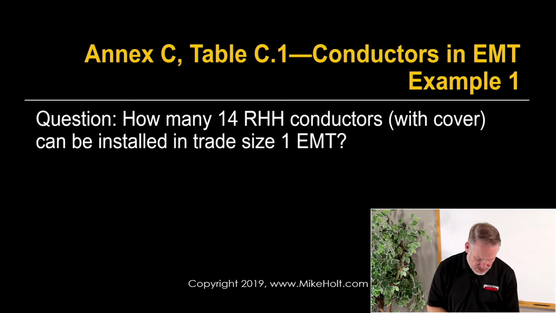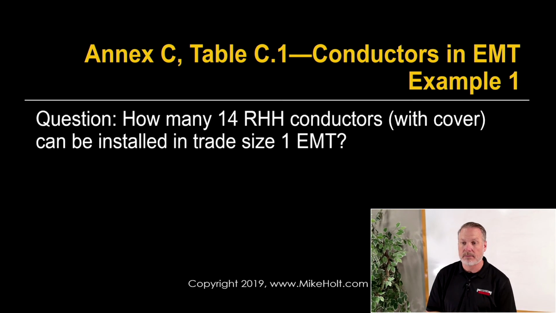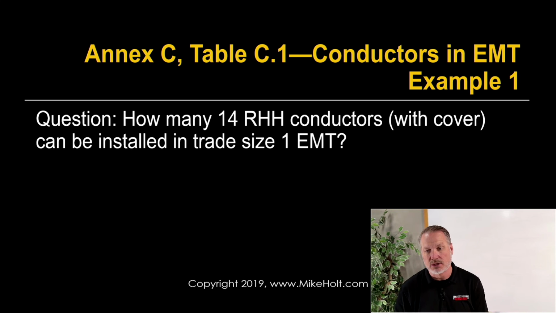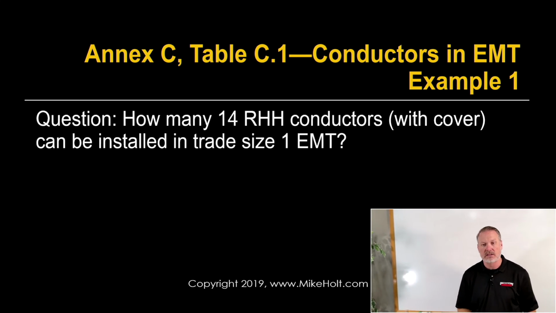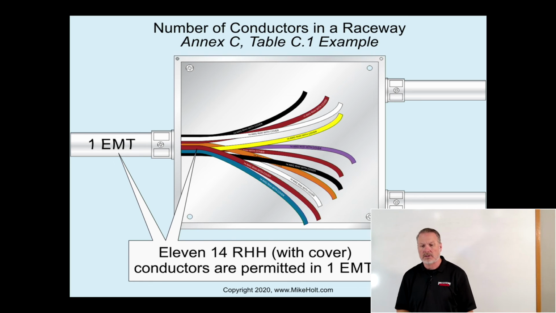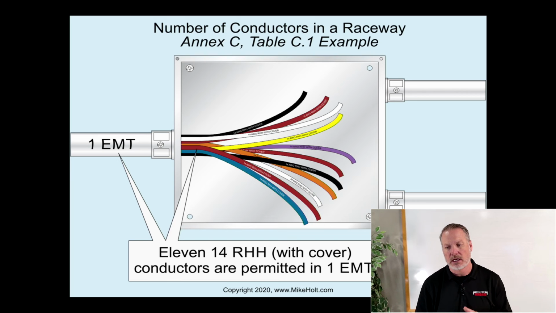And that's going to be on page 780, right? Down at the bottom it says asterisk RHH, RHW, and RHW2 without the outer covering, okay? So we got to pay attention to those things. Make sure that if you see an asterisk, you know exactly what that's for. So I can do 11 14 gauge RHHs with the cover in size 1 EMT.